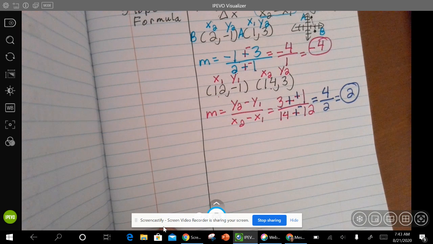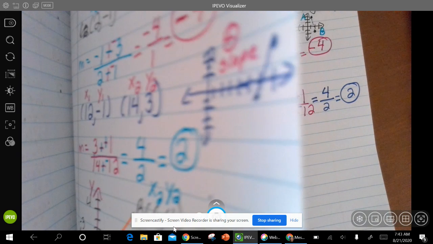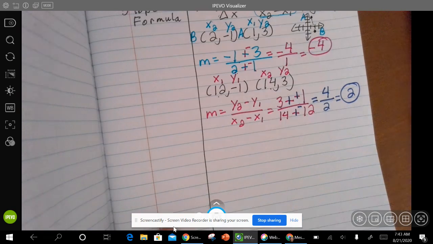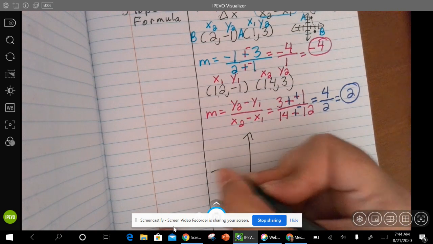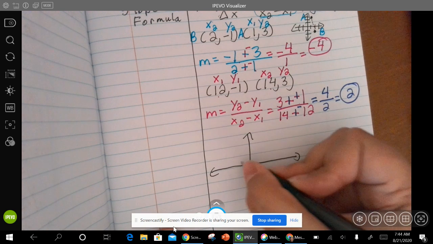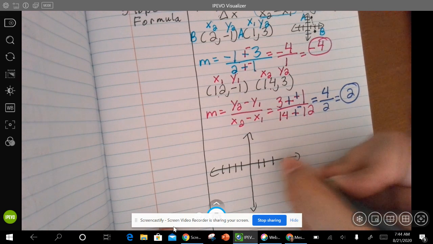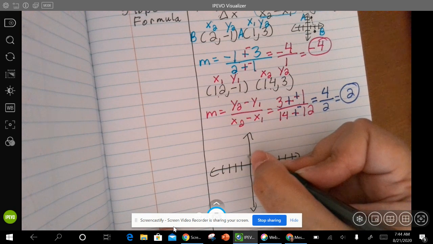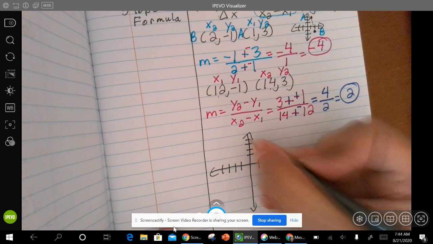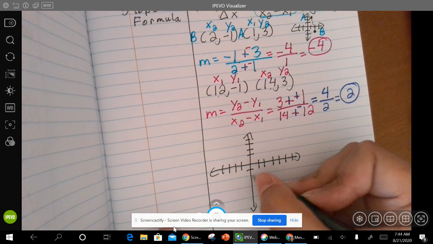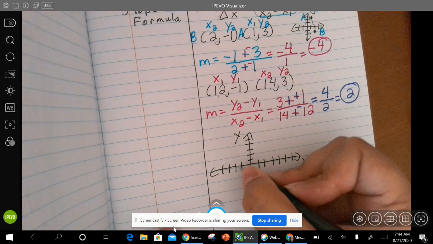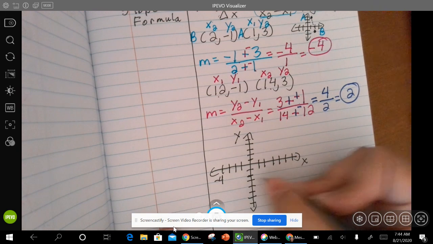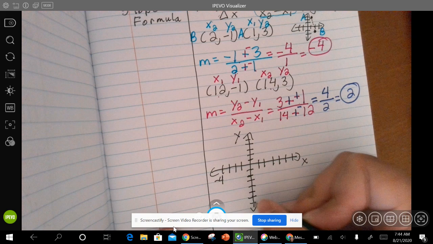Okay, let's look at another example. So if we're going to draw a graph out, okay, so this is our y, this is our x-axis. 1, 2, 3, 4, that's negative 4. 1, 2, 3, 4, 5, 6, 7.